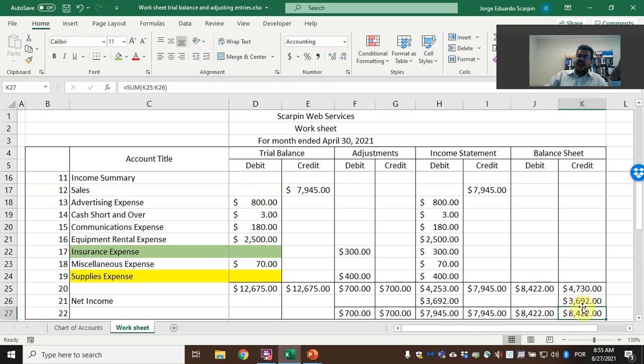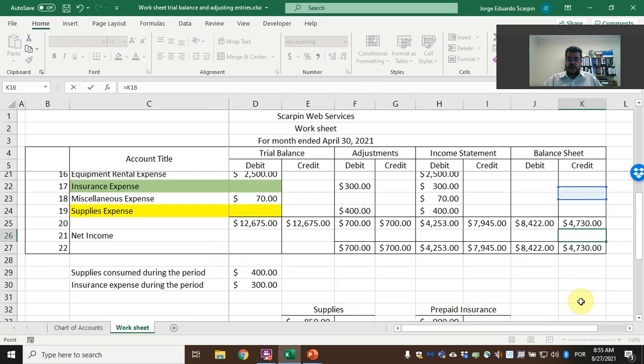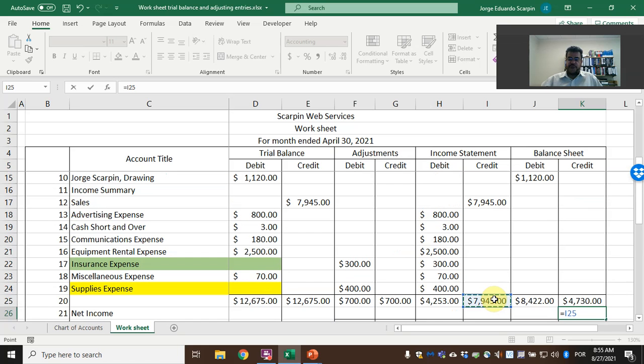What if it was a net loss? It would be exactly the same, but the opposite. On income statement, we would be adding on credit and debit on balance sheet. Okay, some textbooks, they don't work with this debit here, so they would be doing only the formula in the balance sheet.